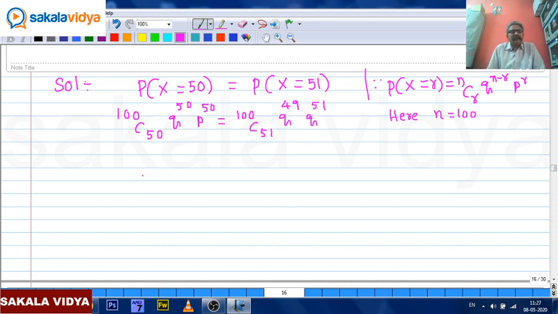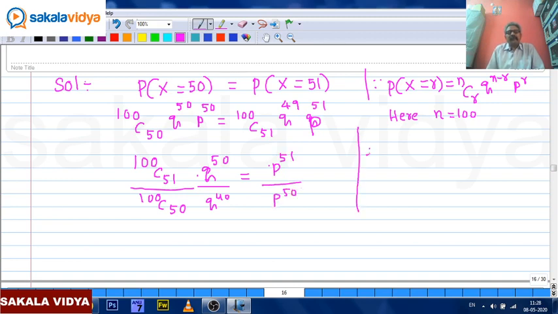This we can write like this: 100C51 divided by 100C50 into p to the power of 50 by q to the power of 50 divided by q to the power of 49 equal to p to the power of 51 divided by p to the power of 50.